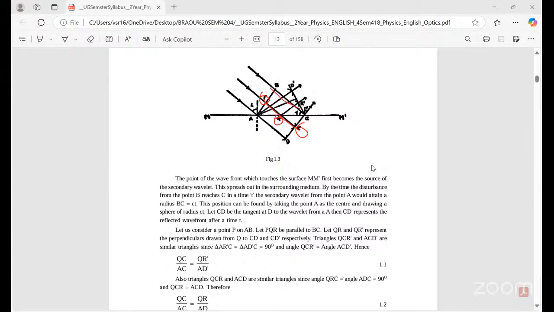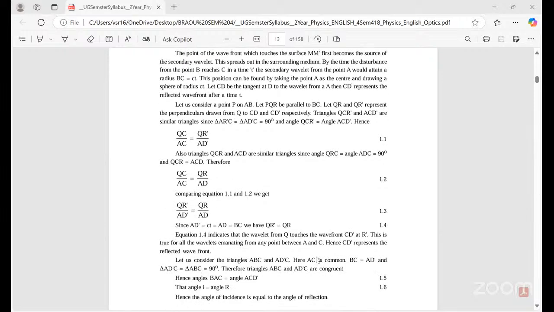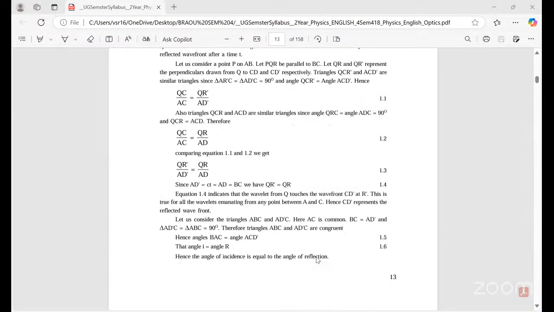Let QR and Q dash QR dash represent the perpendiculars drawn from Q to C. By doing all these calculations with the right angles and simplifying, you can have the same distance. That is AD dash equals ct equals AD, that is equal to BC.